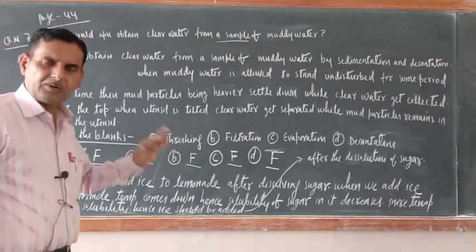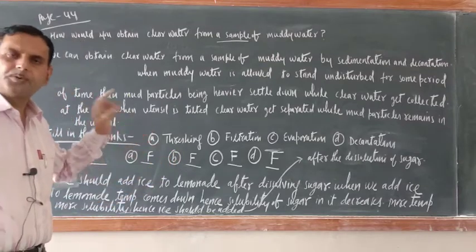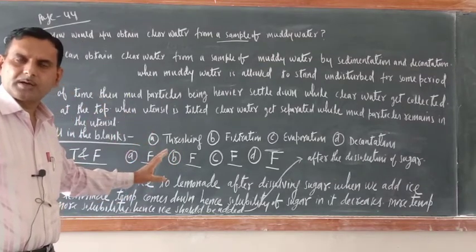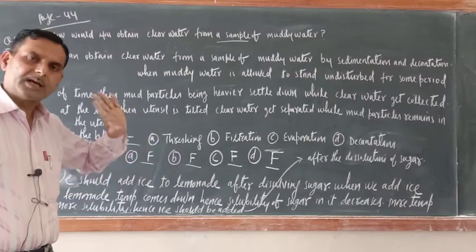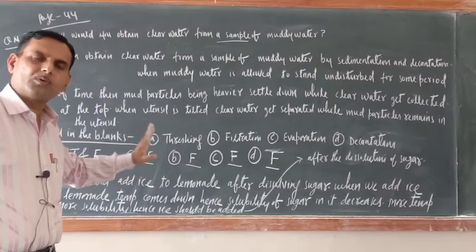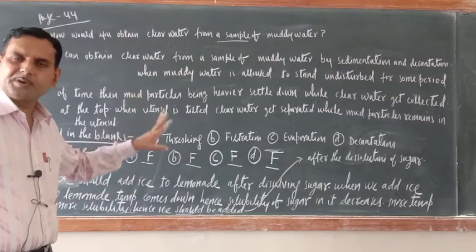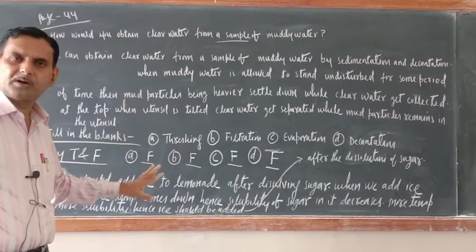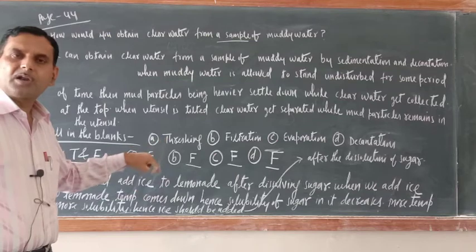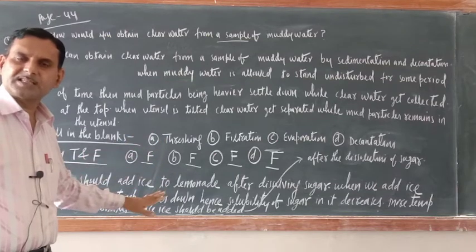And now try to understand. If you dissolve sugar first, earlier only you dissolve more amount of sugar. The moment you add ice, the temperature of the lemonade mixture will come down. Now sugar will not dissolve because temperature is less.